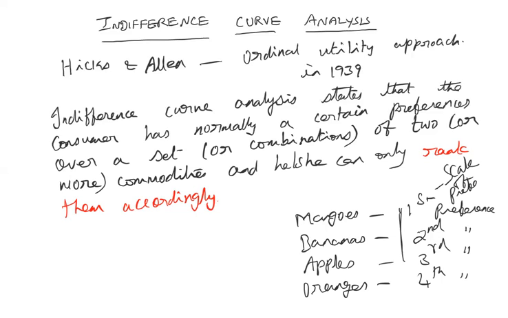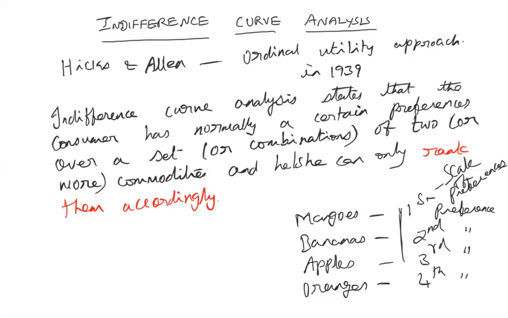So if we are able to arrange our choices of goods according to our priorities, according to our preferences, then we are making a scale of preferences. As per this analysis, every consumer has a definite scale of preference where he or she can arrange the choice of commodities and give them ordinal numbers like first preference, second preference, third preference, etc. So the entire indifference curve analysis is based on this ranking or scale of preferences, which is based on the ordinal utility analysis.